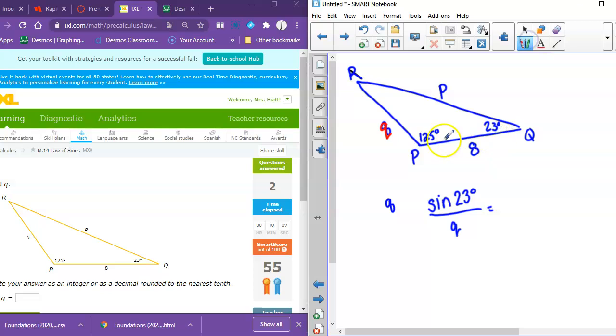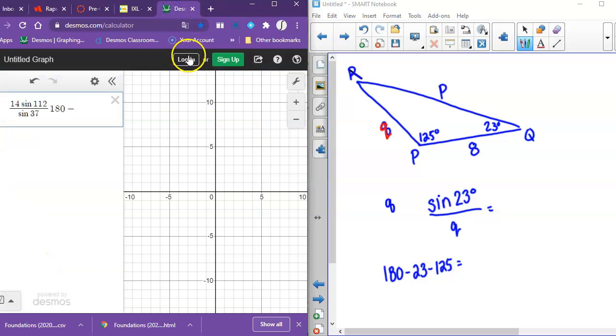But the problem here is I've got this side, 8, I know it, but I don't know the angle across from 8. However, we can find the angle across from 8 really easily because we know that all the angles of a triangle have to add up to 180 degrees. So if we just take 180 minus 125 minus 23, it's going to give us 32.